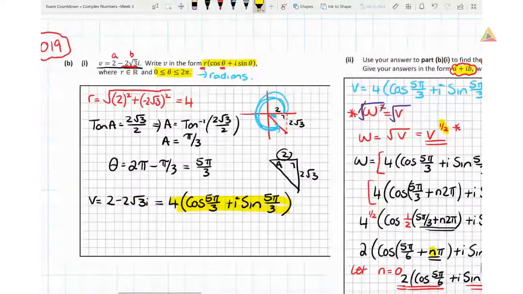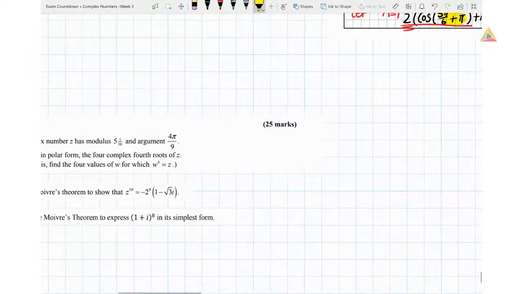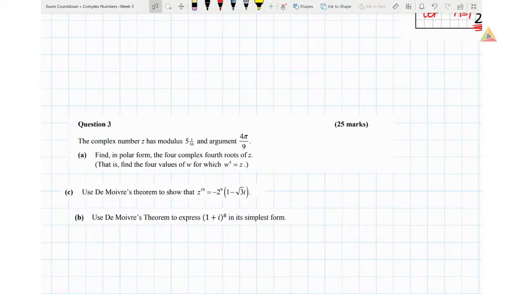Okay, so I'm not going to go through any more questions, but I'm going to take you through, just by looking at the questions, how do we know if they're a fractional power or not? So these are from various questions down the years. The first one, the complex number z has modulus 5 and 1/16, so that's our r, and argument 4 pi over 9, so that's our theta, and it's given in radians.